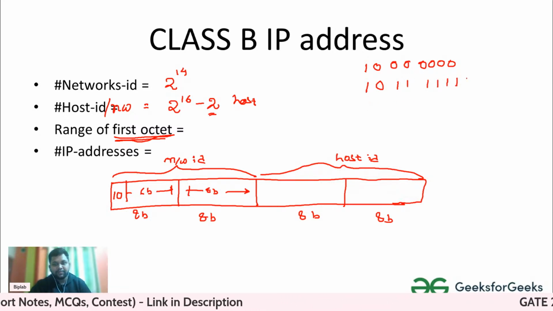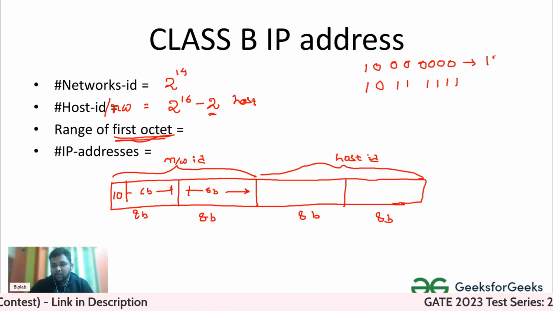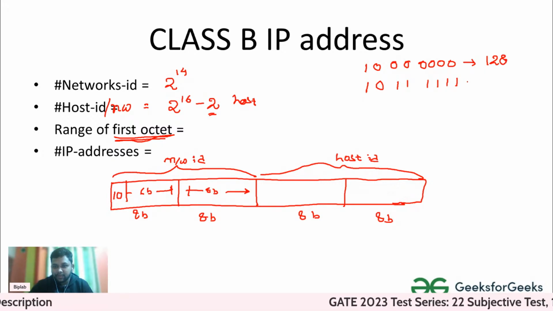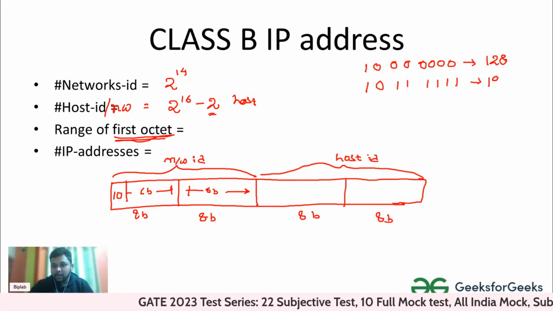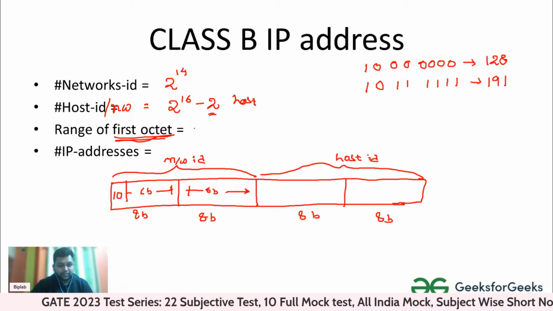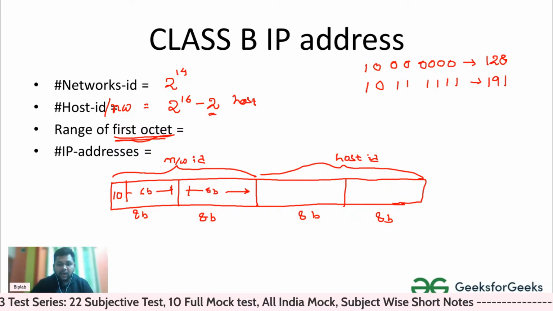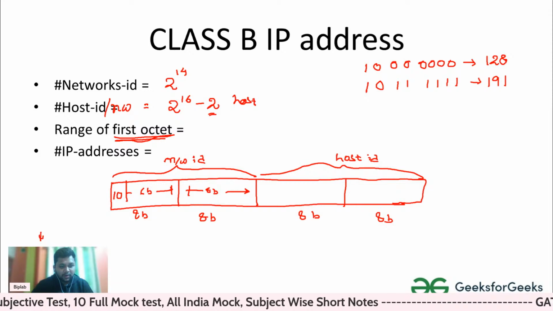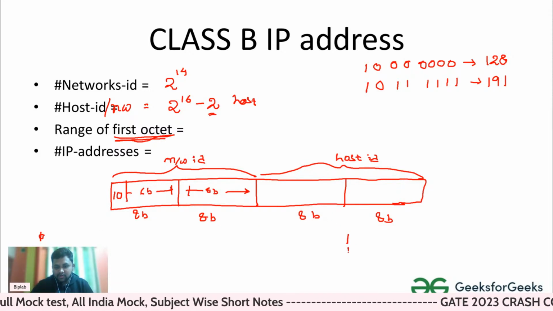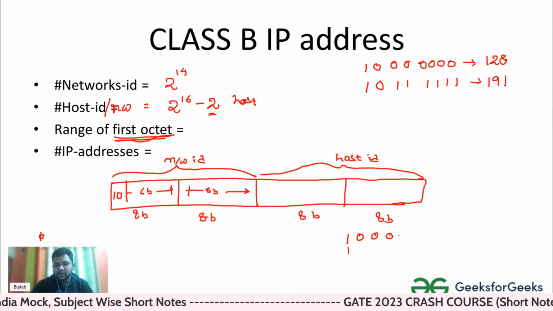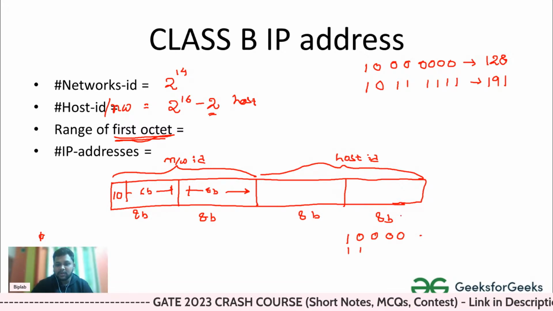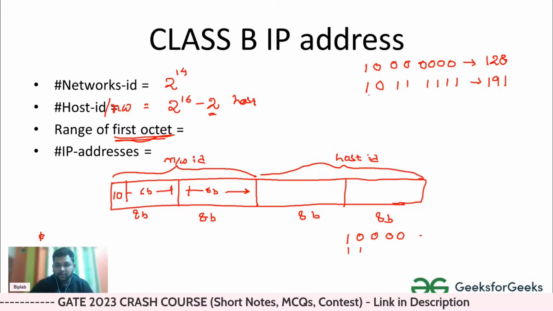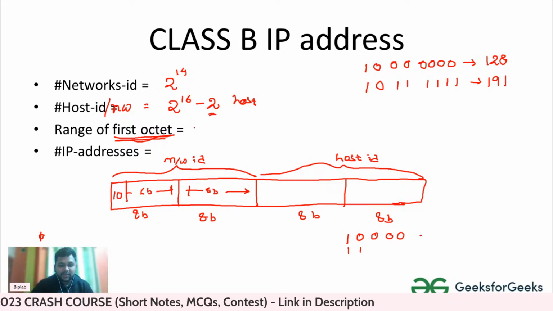In this case it is 128, and here it is 191. You should always remember this shortcut: when there is only one 1 in the MSB, what is the number, and when there are two 1s. This should be remembered, especially for networking.